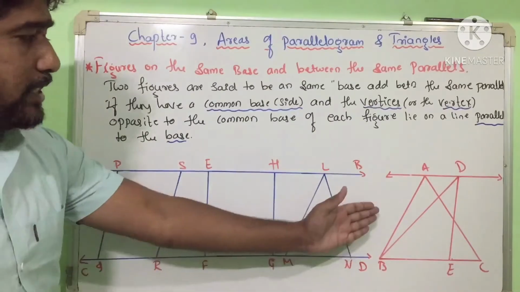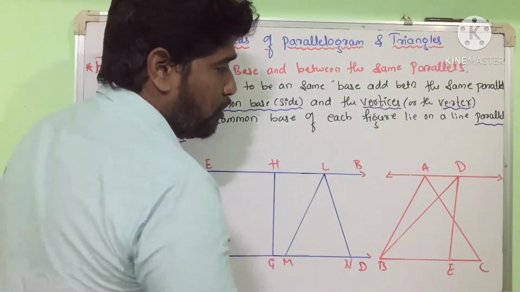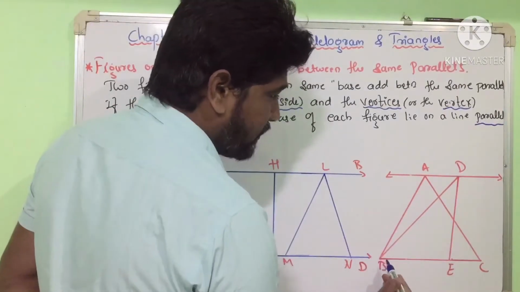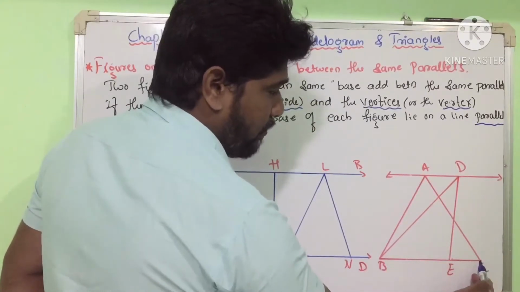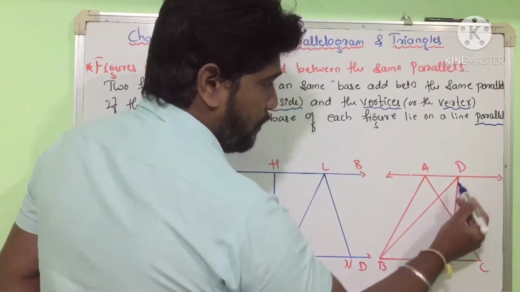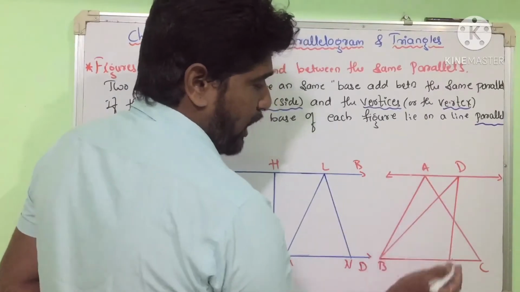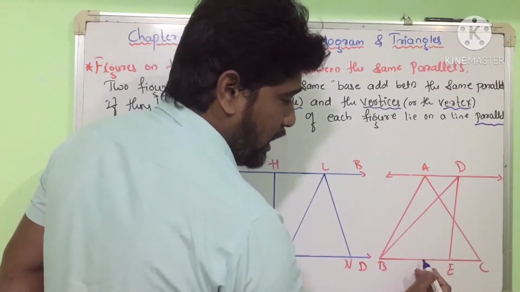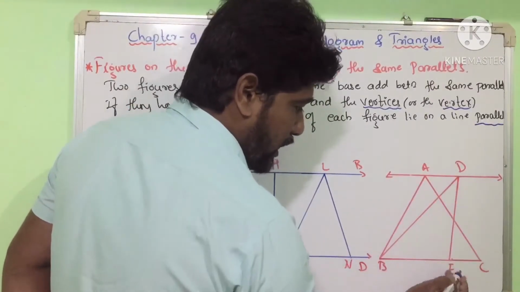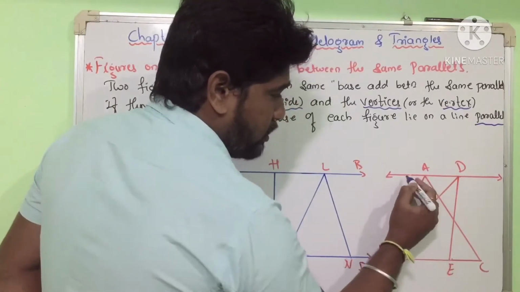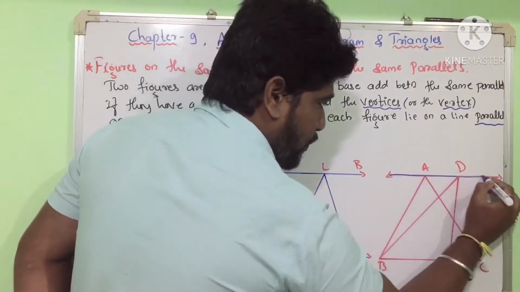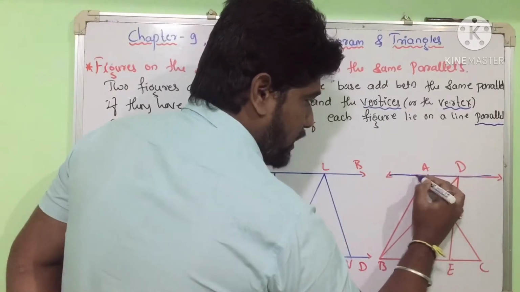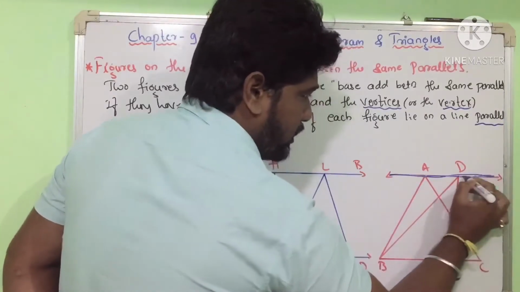Is it clear? And see, another figure is there. In this figure, ABC is one triangle and the other triangle is BDE. Two triangles are there. These two triangles lie between these two parallel lines. The sides opposite to the base lie on a parallel line. Here the vertices lie on the same line, right?